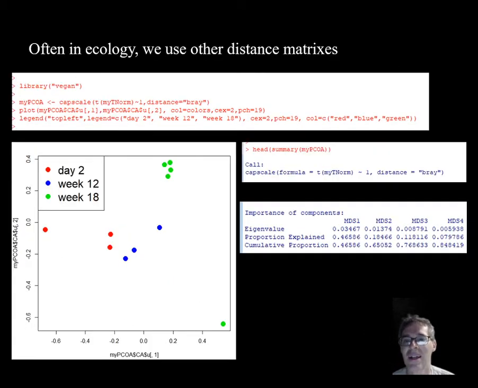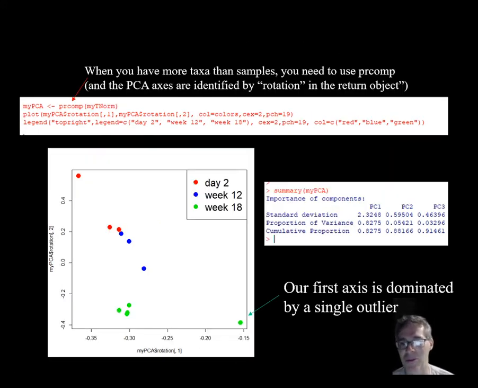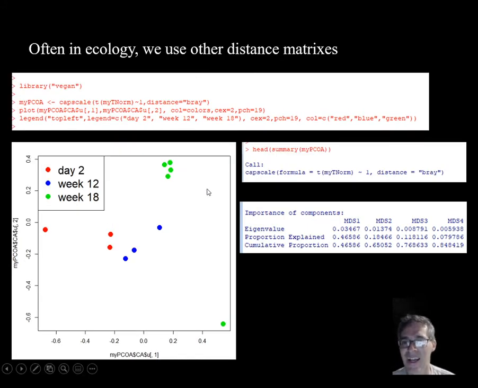One other subtlety in terms of working with ecological data, and this isn't really ecological data, so this probably wouldn't be appropriate here, but I just wanted to show this. If you're working with OTUs as opposed to genes, you might want to use a different dissimilarity matrix called the Bray-Curtis matrix. So instead of using a covariance matrix to feed into the PCA, you use some other distance metric.